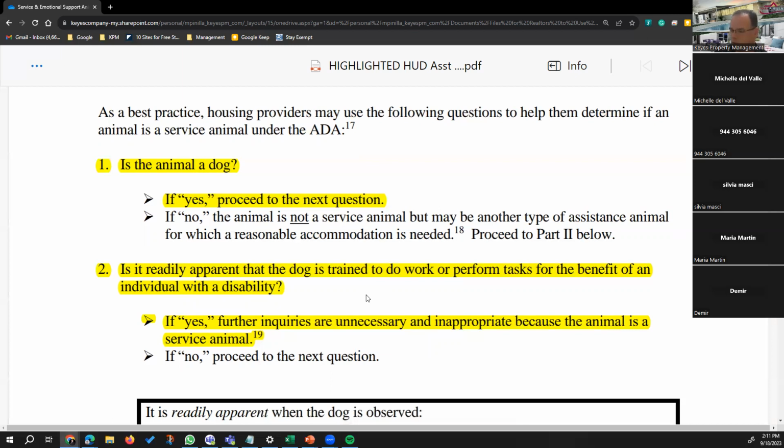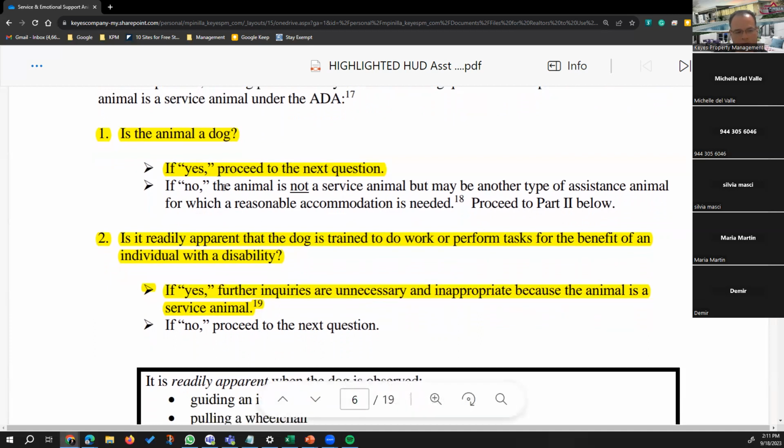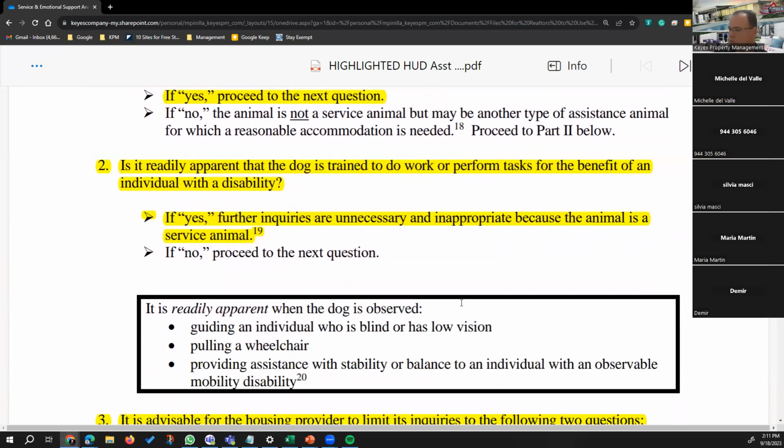Again, seeing eye dog is very, very simple. If you can answer yes to these two questions, you're done, right? That means you move forward and you say, yes, you can have the dog there in the property, no questions asked, no security deposits, no pet fees, no pet deposits, nothing like that for the dog. Okay, you should approve it right away.